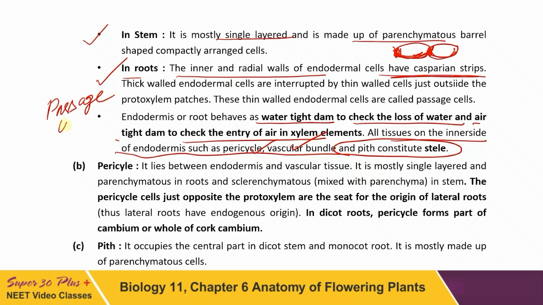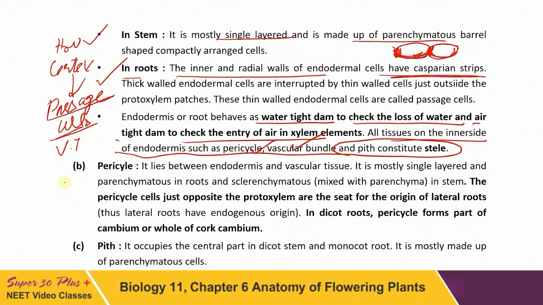They do not have Casparian strips, and through the passage cells, the water from the cortex will enter into the vascular tissue. These passage cells are thin-walled.